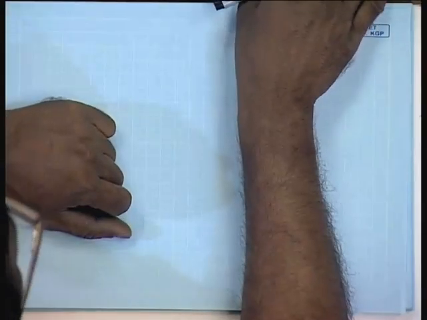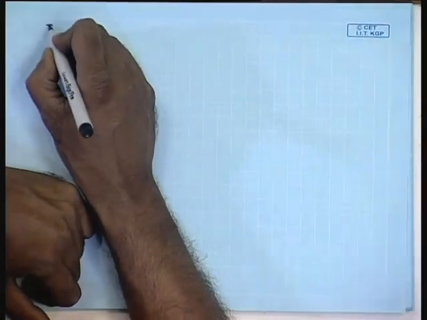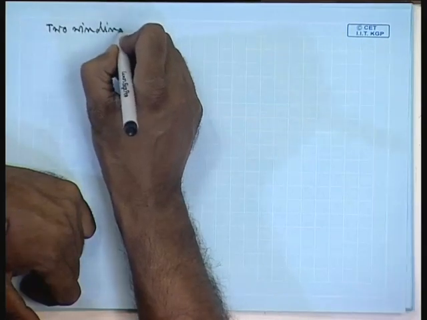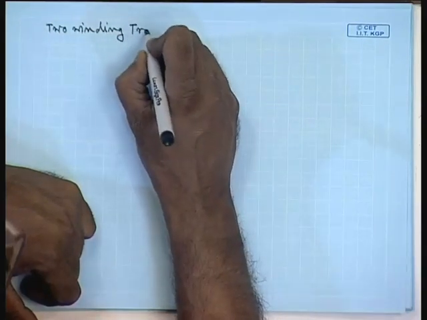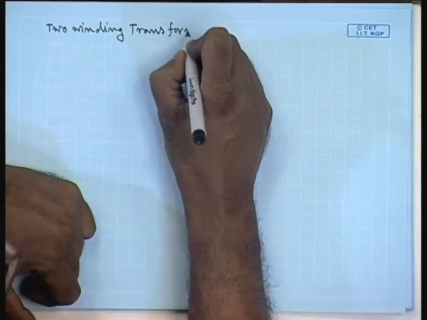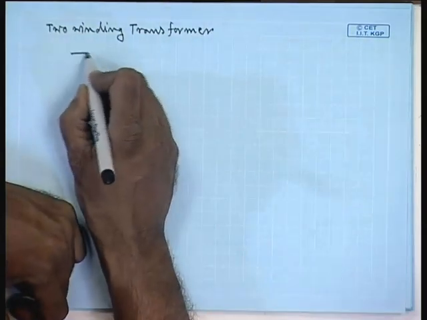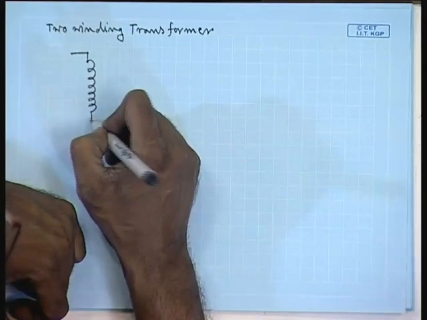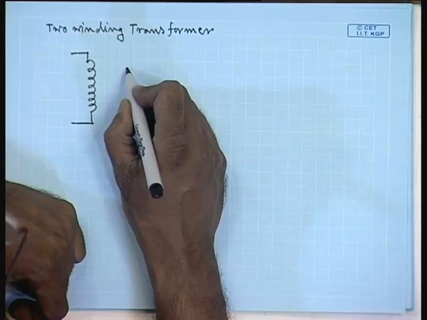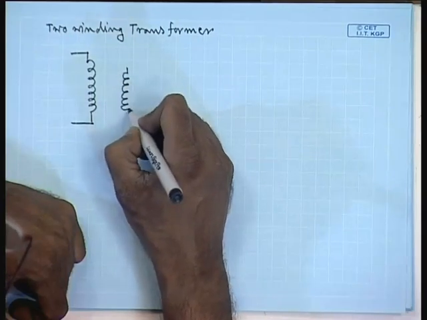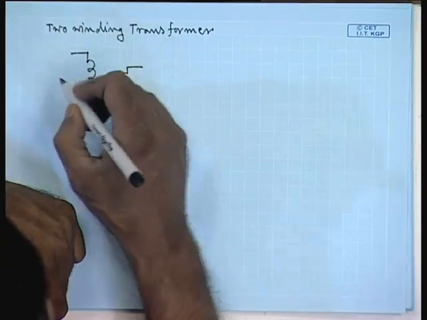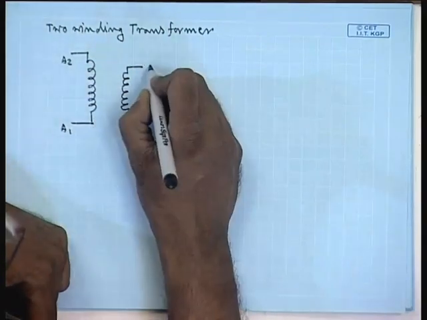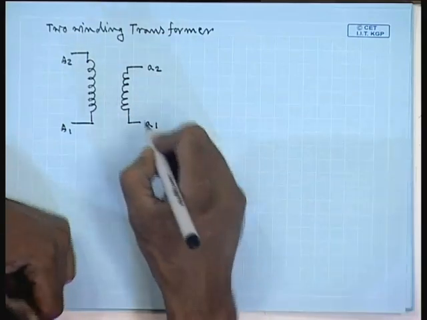For the two winding transformer, let us say this is the two winding transformer, with terminals A2, A1, A2, A1.